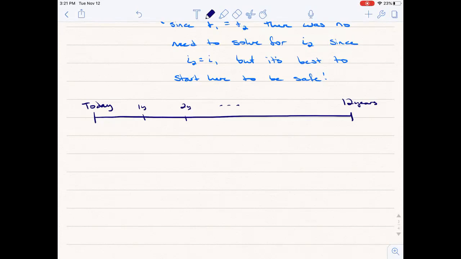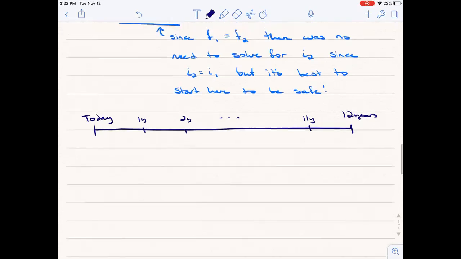So for 12 years, the previous payment would be at 11 years. Same rule as always: I want the dates up top and the amounts down below, and then arrows going in whichever direction, present value or future value, that we have to solve for.